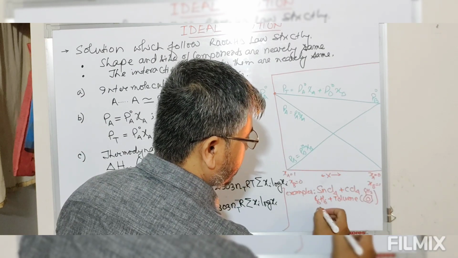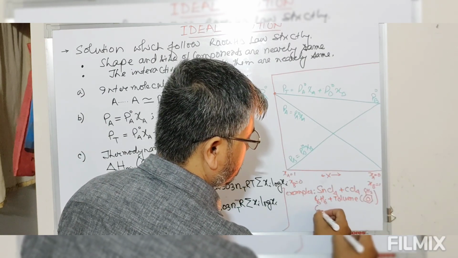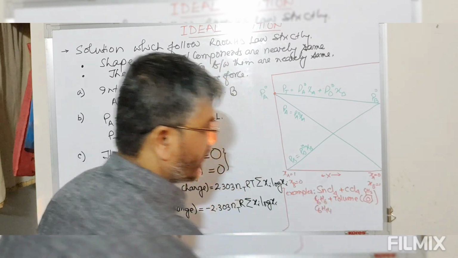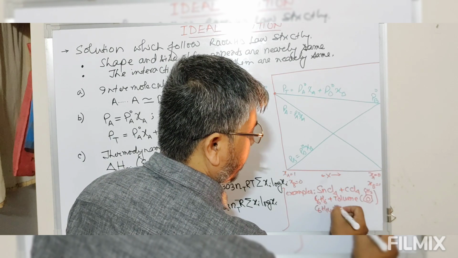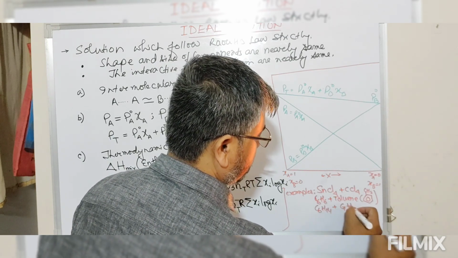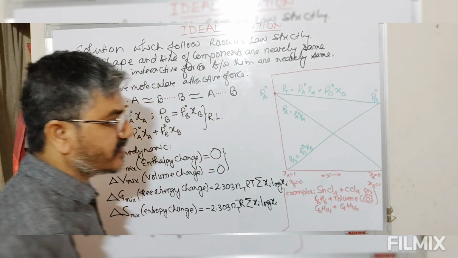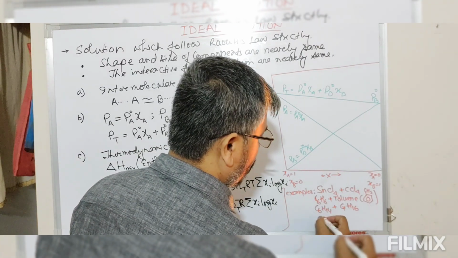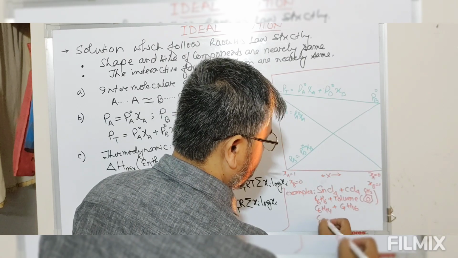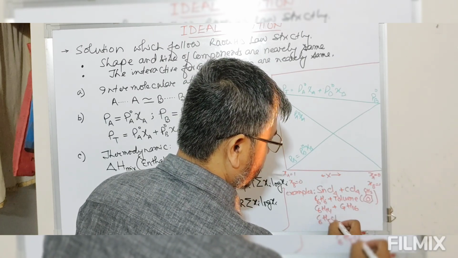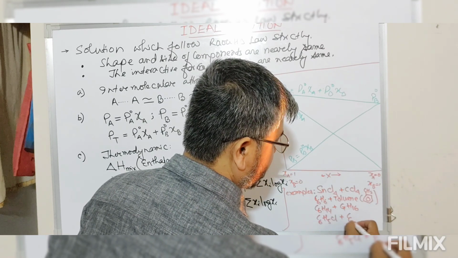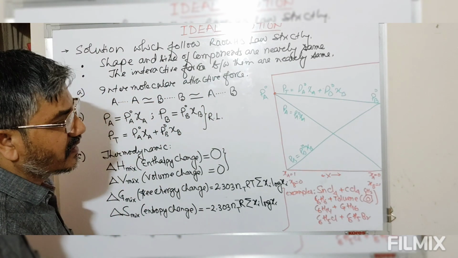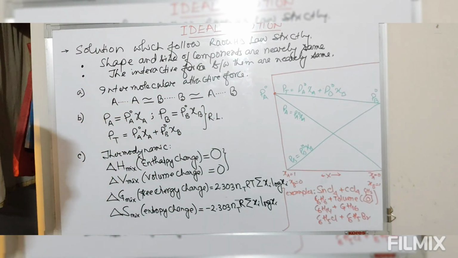Then we have n-hexane, C6H14, and n-heptane, C7H16. Again this forms nearly ideal solution. Then we have chlorobenzene, C6H5Cl, and bromobenzene, C6H5Br. Again this forms nearly ideal solution.